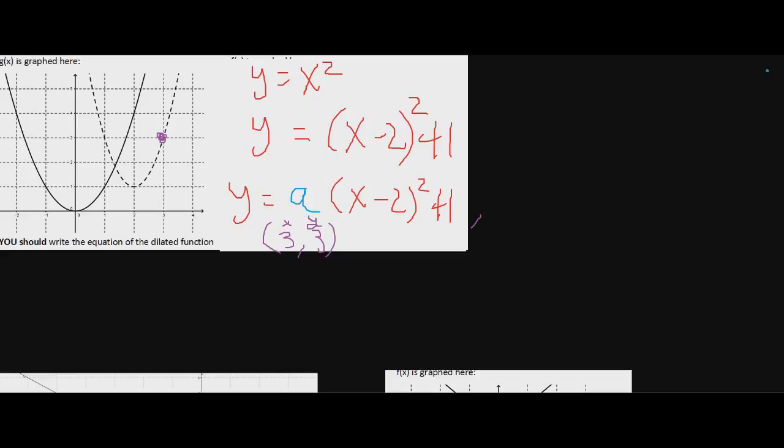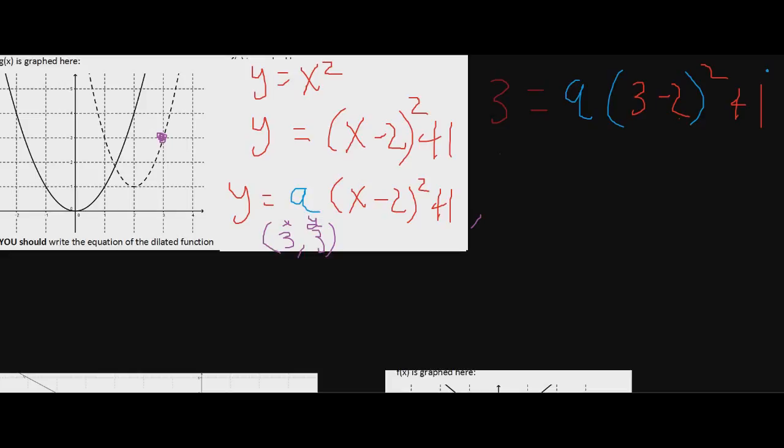So I picked that point, so let's just go ahead and plug them in. We're going to plug in 3 equals a times, we're trying to solve for a, and my x value is 3, so we're going to get 3 minus 2, squared, plus 1. First thing is what's 3 minus 2 inside our parentheses here?